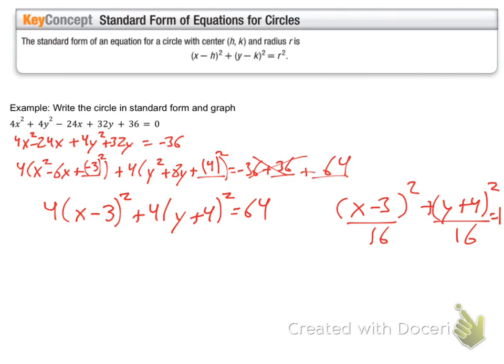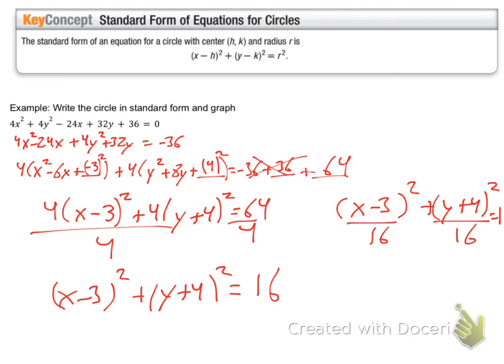If I recognize that the coefficient on x squared and y squared are the same, I can just divide everything by 4. So I'll do that over here. So I get x minus 3 squared plus y plus 4 squared equals 16.